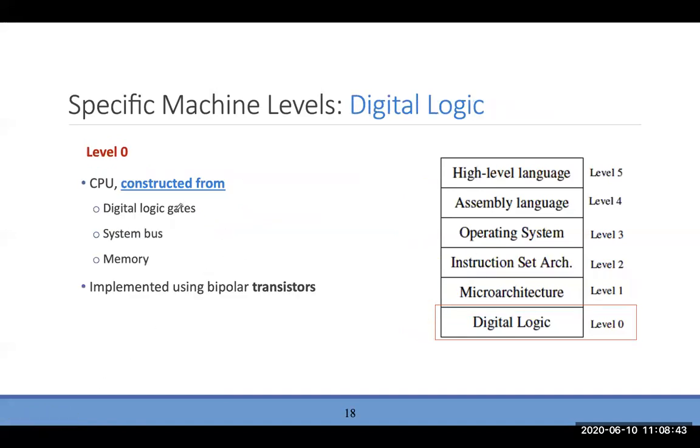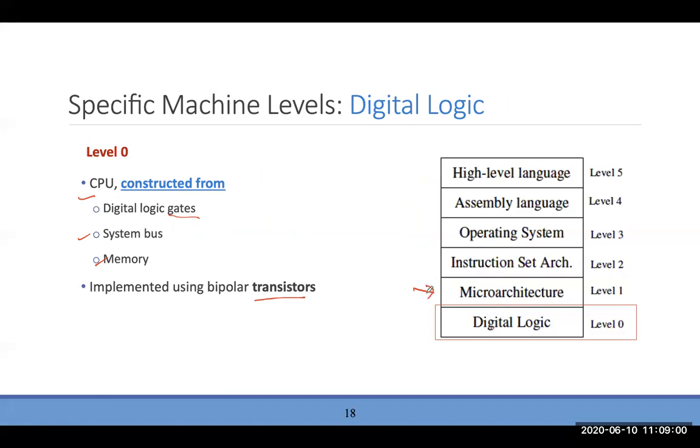So the microarchitecture right here is whatever you have in level 0. It is going to be the CPU, the memory, the system bus, the gates, the transistors. These are all going to be in the digital logic.